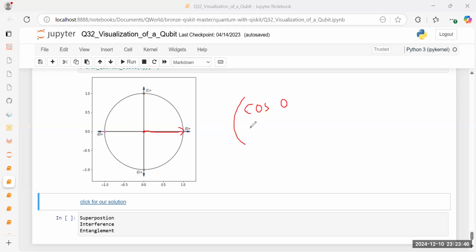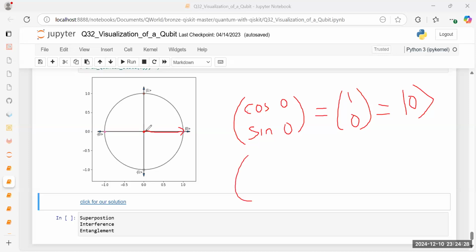This is our starting point. So we'll have to calculate cos 0 and then sine 0 also. And this is going to give us 1, and this will give us 0. So for the vector you see here, we know this to be the 0 state. And this is the location for the 0 state, as you can see.